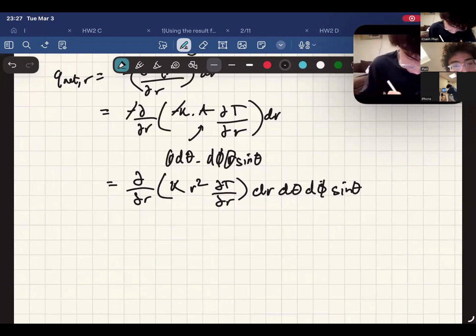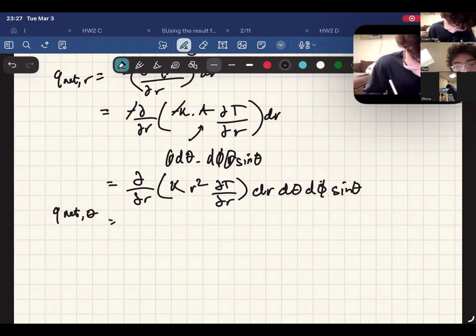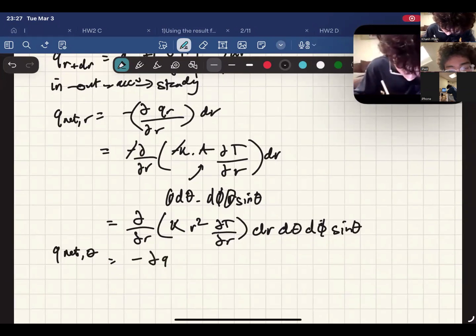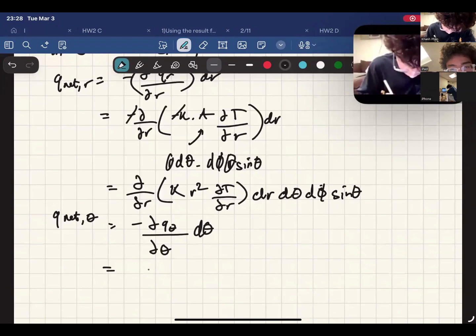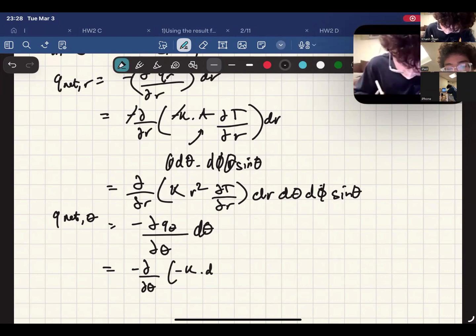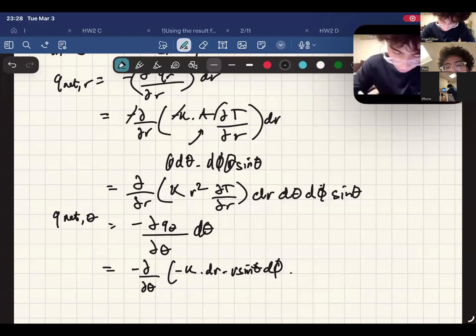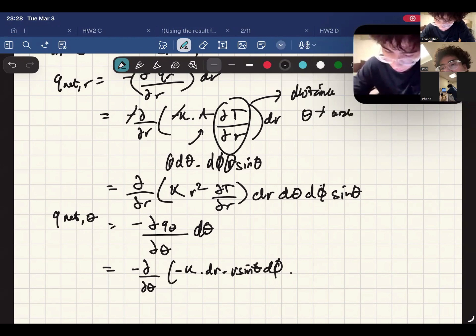And then we move on to Q net for theta. That would be negative dQ theta over d theta, which is equal to negative d theta times negative k. So the area would be dr times r sine theta d phi. Like we said before, temperature gradients go with distance, so we've got to convert theta into arc length.